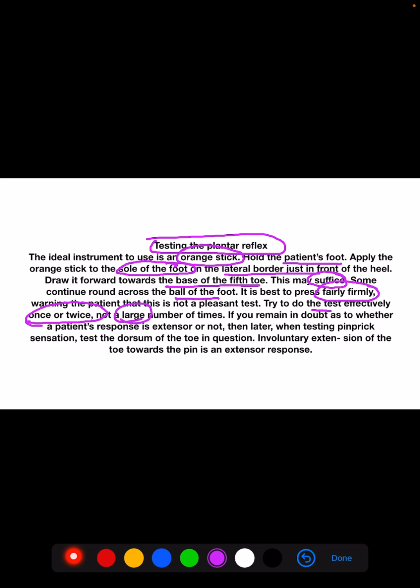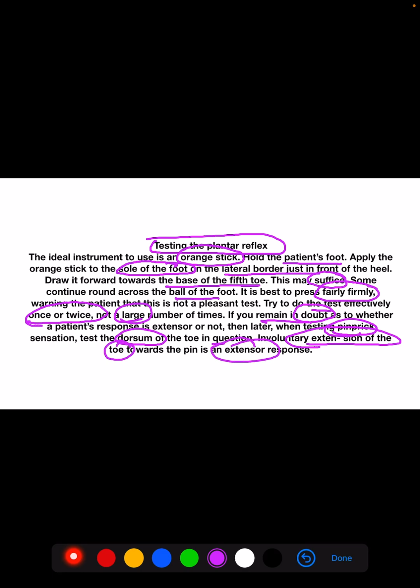If you have some doubt regarding the plantar response, when you do pinprick sensation, test the dorsum of the toe in question. There will be an involuntary extension of the toe towards the pin in an extensor response.